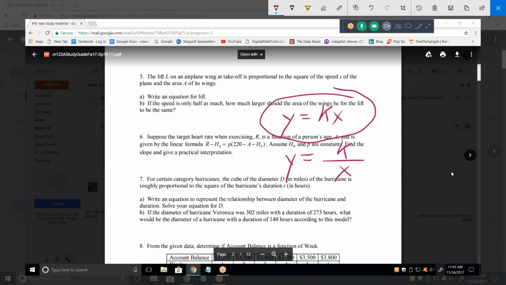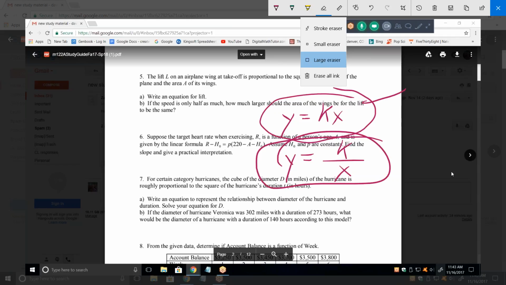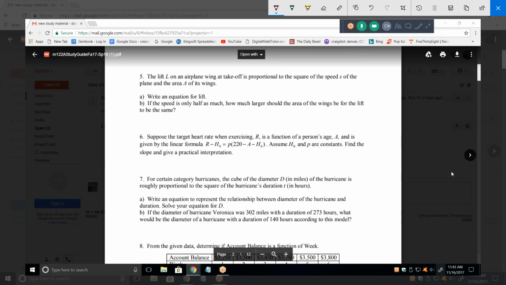And you can think of 1,000 different things that are inversely proportional. How each one of them is going to differ is each one of them will have a different k. Okay? So this is always where we start when we talk about being inversely or directly proportional.